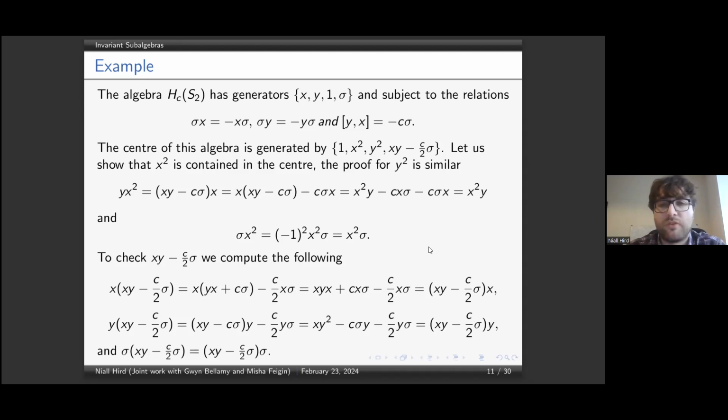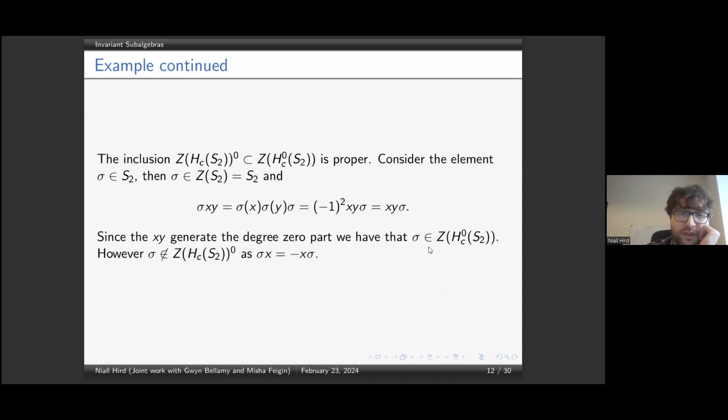But this example is quite interesting because it actually answers one of the questions from the last slide, right? So it tells us that this inclusion is proper, at least in this case. So if we take the element sigma, this belongs in the center of the degree zero parts, right? It has degree zero, and if you take another degree zero element, it looks like xy or something in the group or some product of those. And sigma commutes with xy, just via this sum, right?